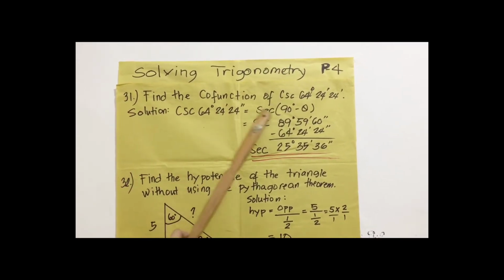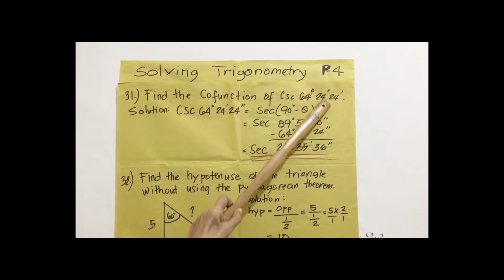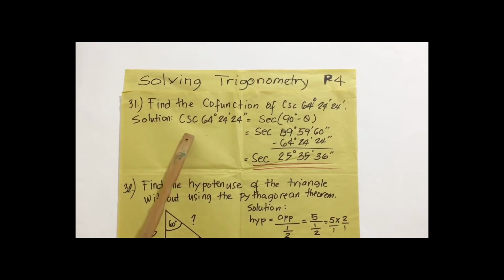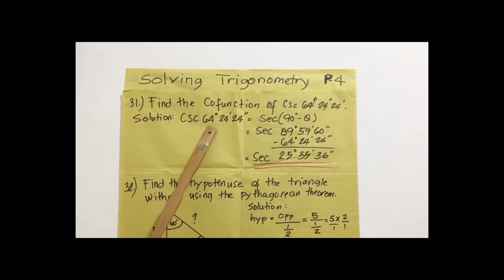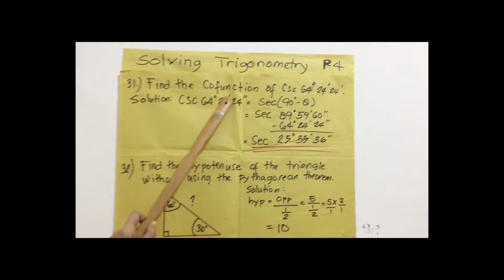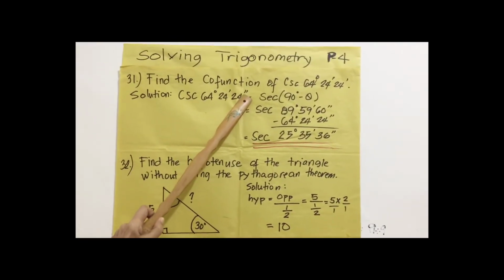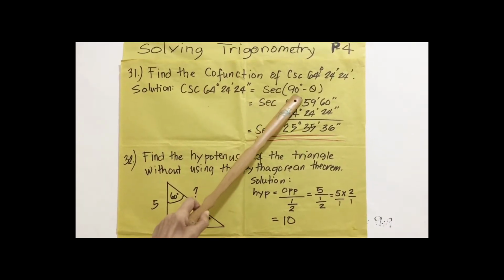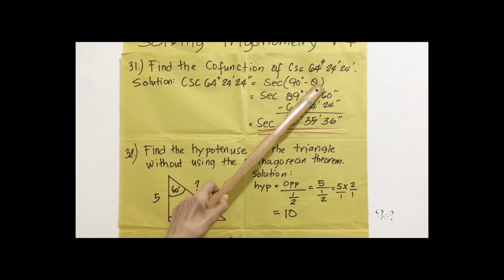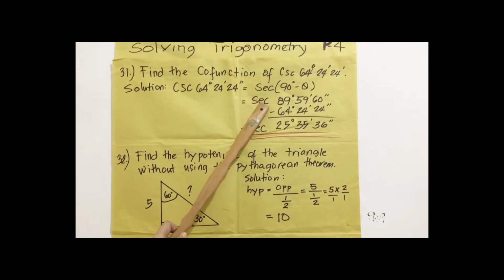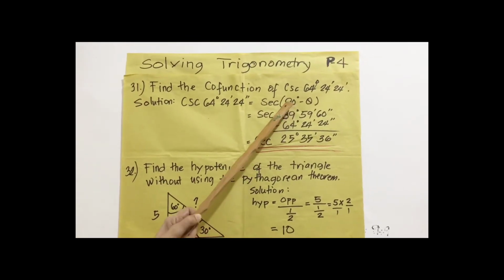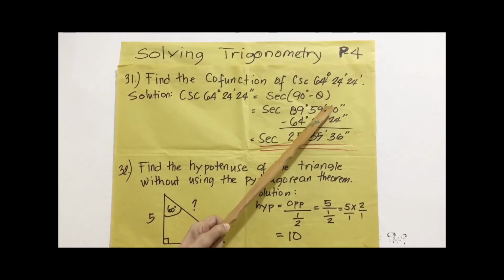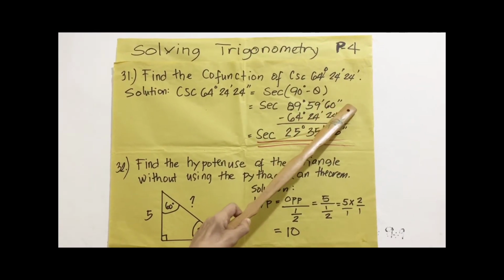Okay, next, number 31. Find the co-function of cosecant 64 degrees, 24 minutes and 24 seconds. So for our solution, we first copy the given. Cosecant 64 degrees, 24 minutes and 24 seconds is equal to the co-function. The co-function of cosecant is secant, and the formula is 90 degrees minus theta. Since this is 90 degrees, it becomes 89 degrees, 59 minutes and 60 seconds.